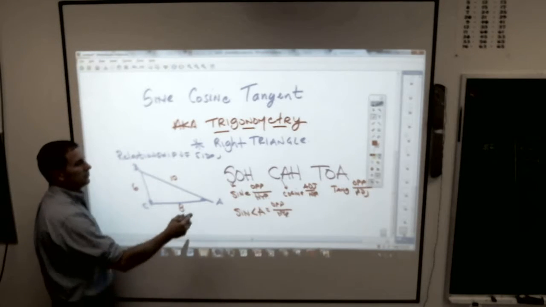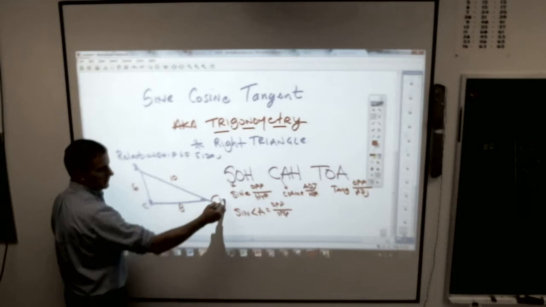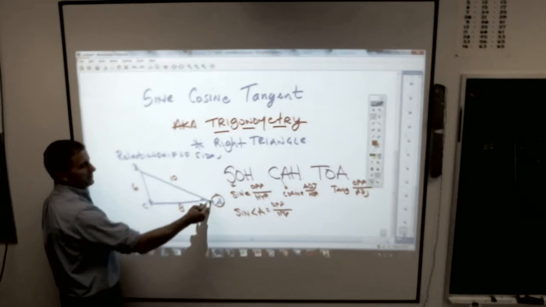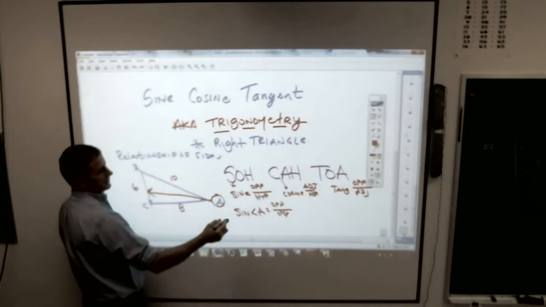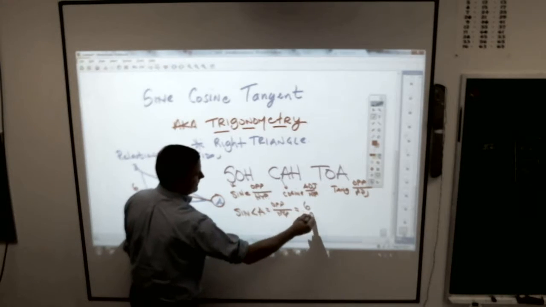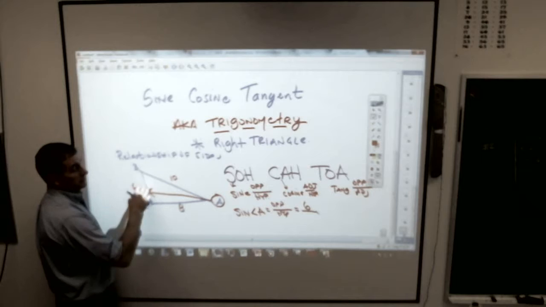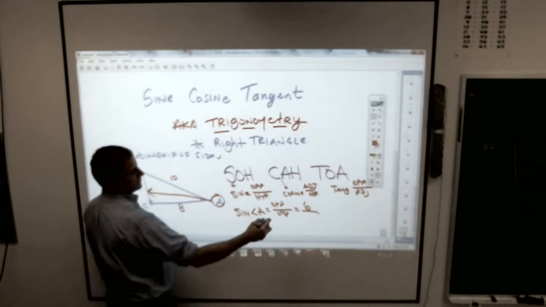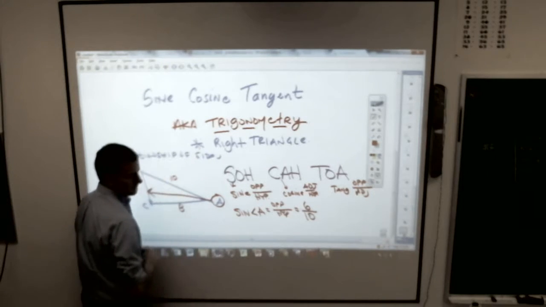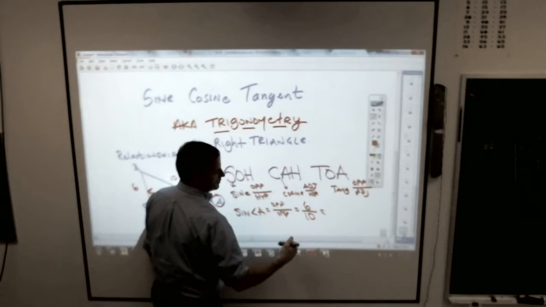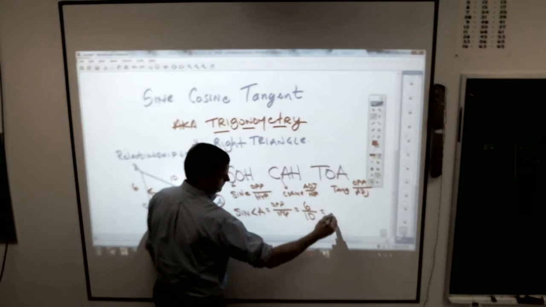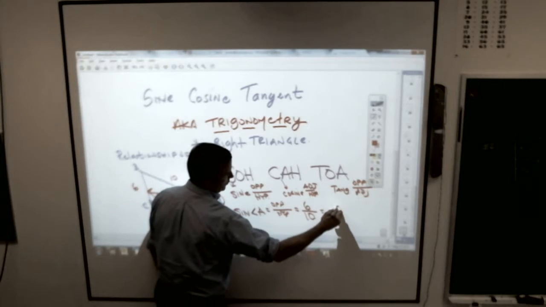Looking at angle A, the opposite side is 6, and the hypotenuse, which is always the same, is 10. We usually do sine in decimal form, so the sine is 0.6.